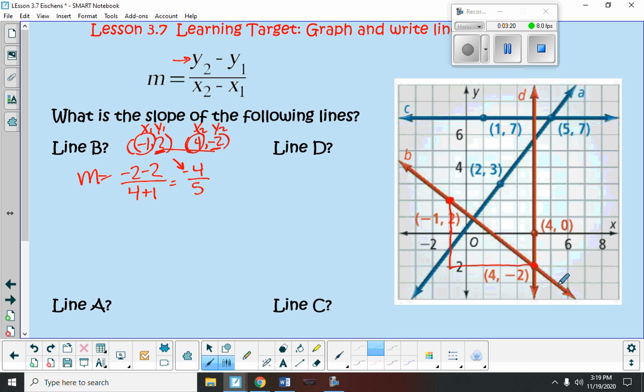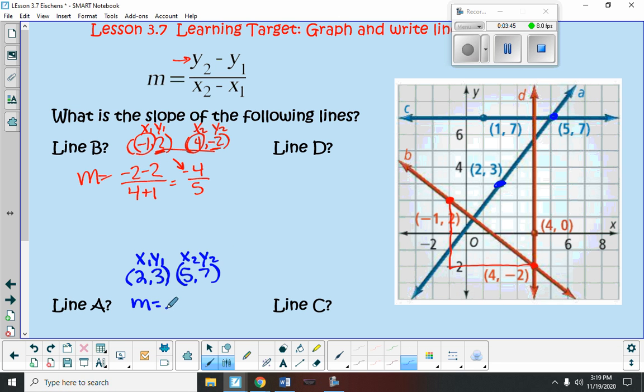Now let's look at line A, and I'll write in blue. And 2 points on line A would be (2, 3) and (5, 7). Again, this is the first point, so we'll call those values x1 and y1. This is the second point, so we'll call those values x2 and y2.